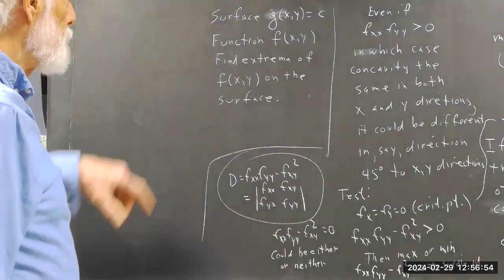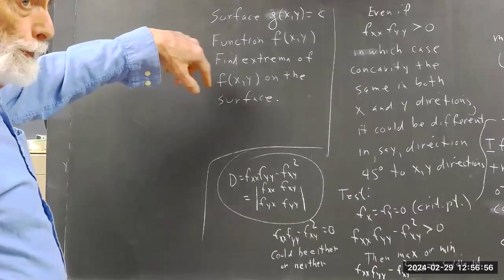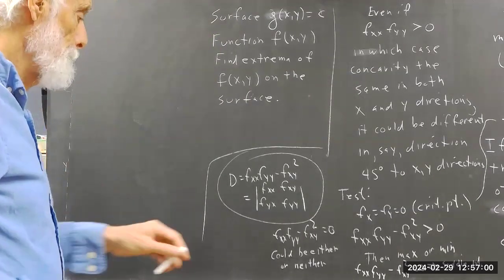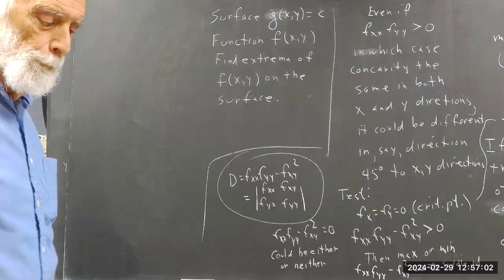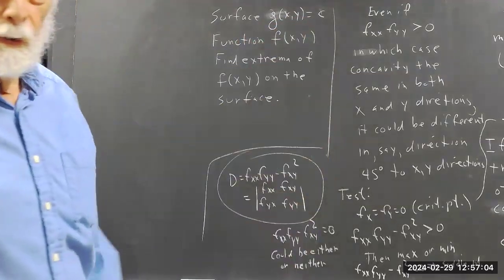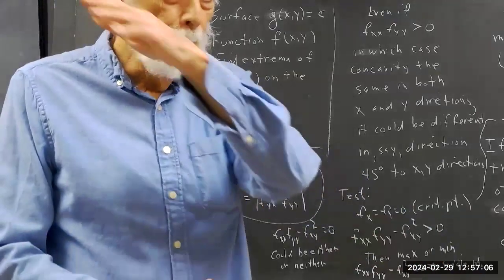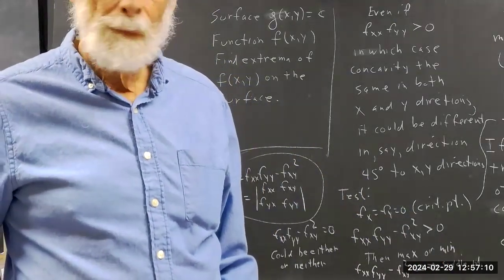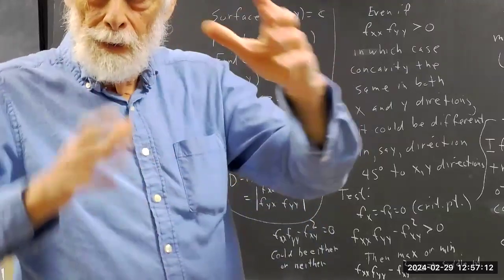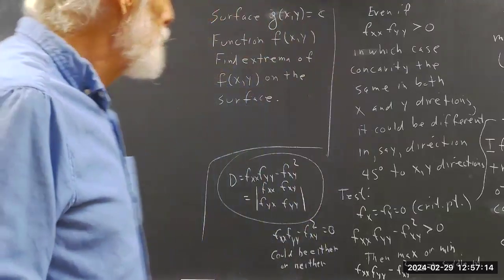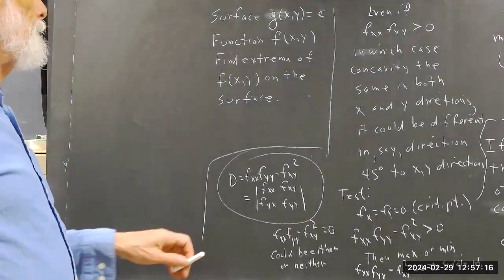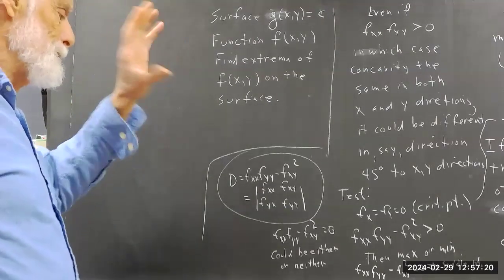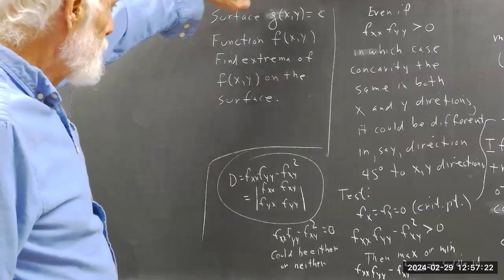We want to find the extrema of f of x, y on the surface. In the example I just used, your g of x, y equals c would be like the equation of the plane that intersects this.